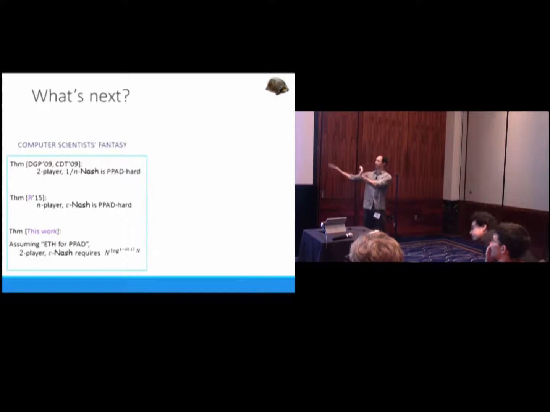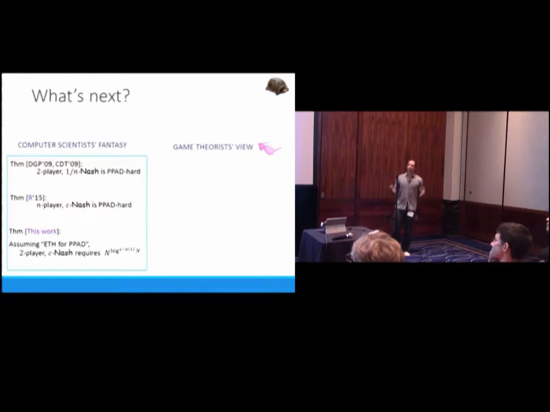But as far as exact Nash equilibrium, we have all these hardness results that essentially exactly characterize the complexity of computing Nash equilibrium. What happens when you try to convince game theorists that Nash is hard? Well, we have all those assumptions, PPAD not equal to P, ETH for PPAD, or even NP not equal to P, or P not equal to PSPACE, whatever.